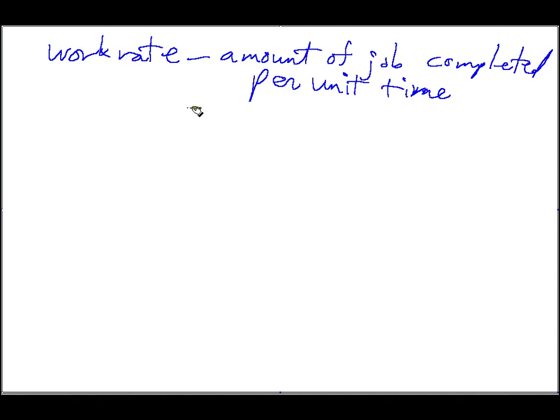All right. So in the previous screen, I can do 1/10 of the job per hour in this case, right? So my work rate, how fast I can work, is 1/10. So work rate is defined as amount of job you can do per unit time, right? So in the previous example, 1/10 is the work rate. So if it takes me 10 hours to do a job, my work rate is 1/10.